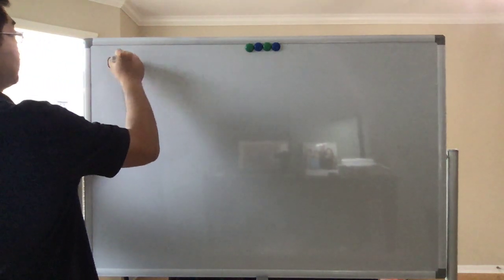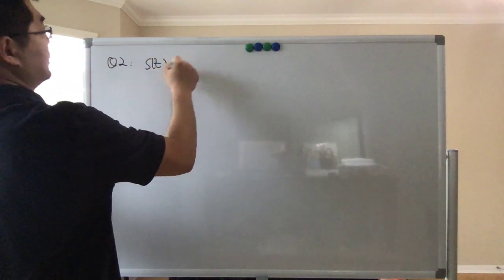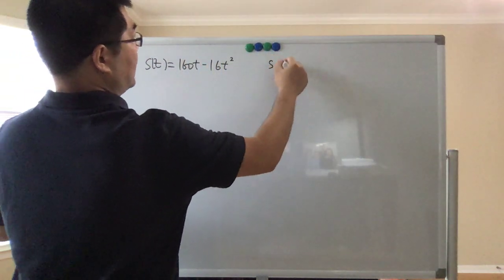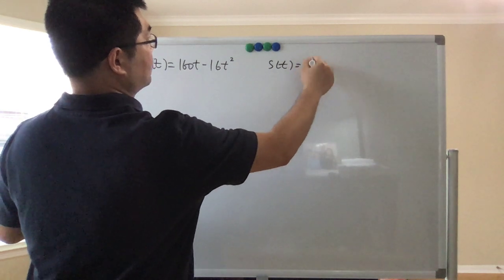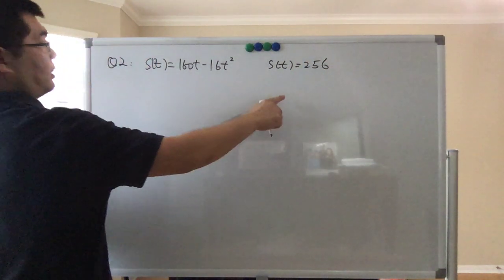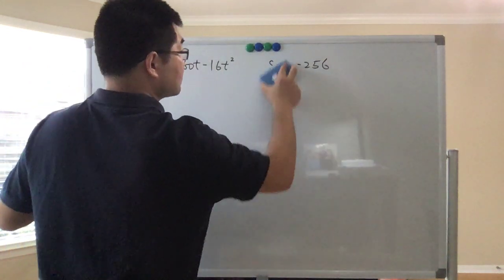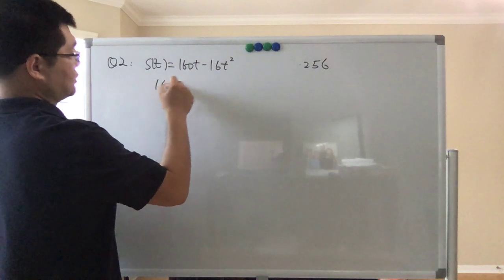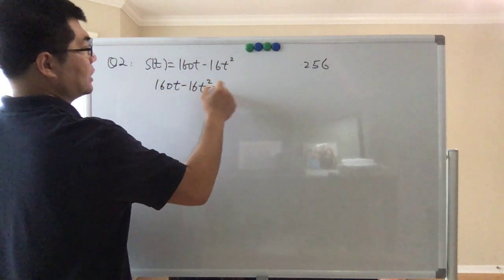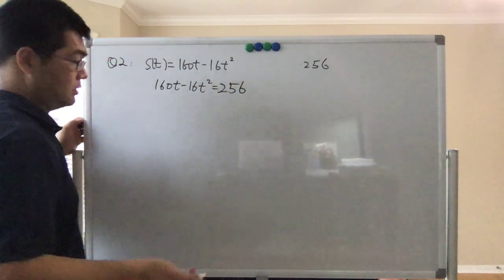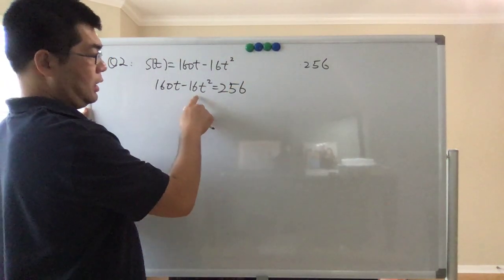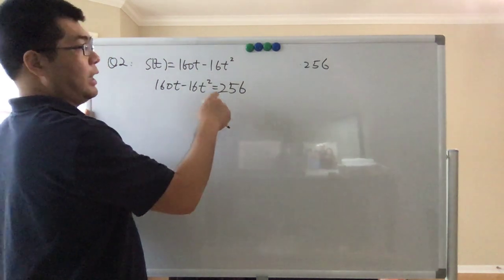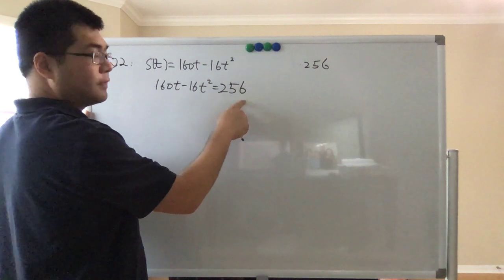So this is question 2. s of t equals 160t minus 16t squared, and it asks us when s of t equals 256. So we can let 160t minus 16t squared equal 256 feet, and then solve for what t makes the rock be at 256 feet above the ground.